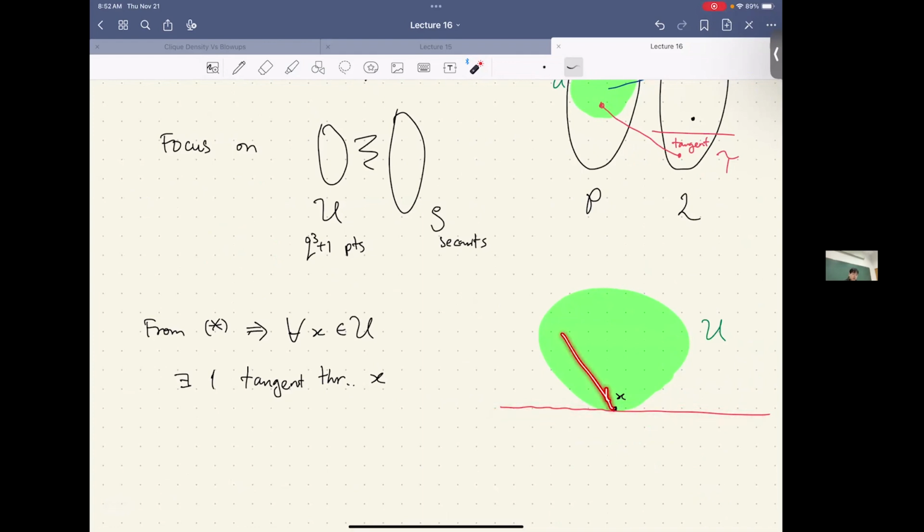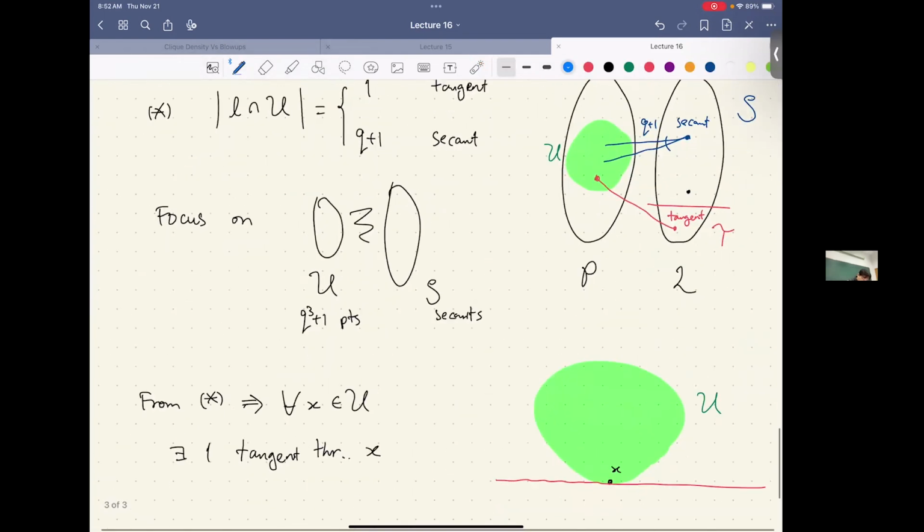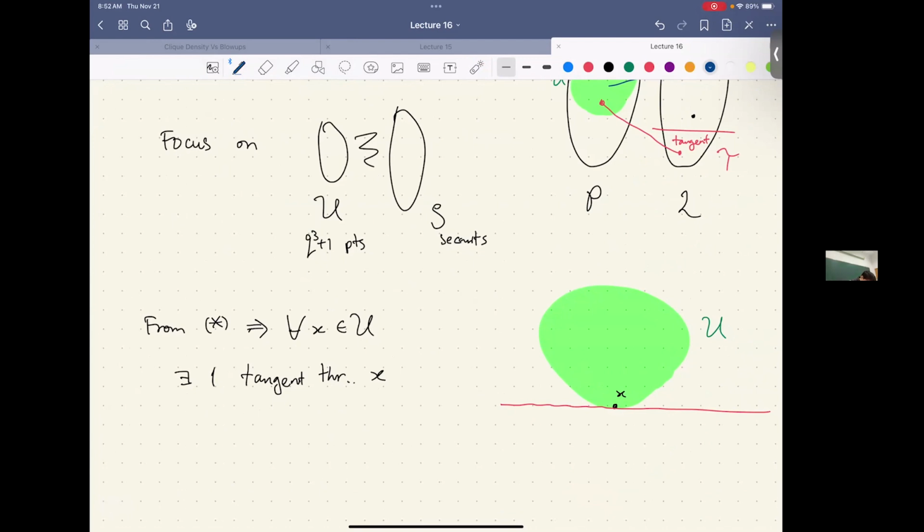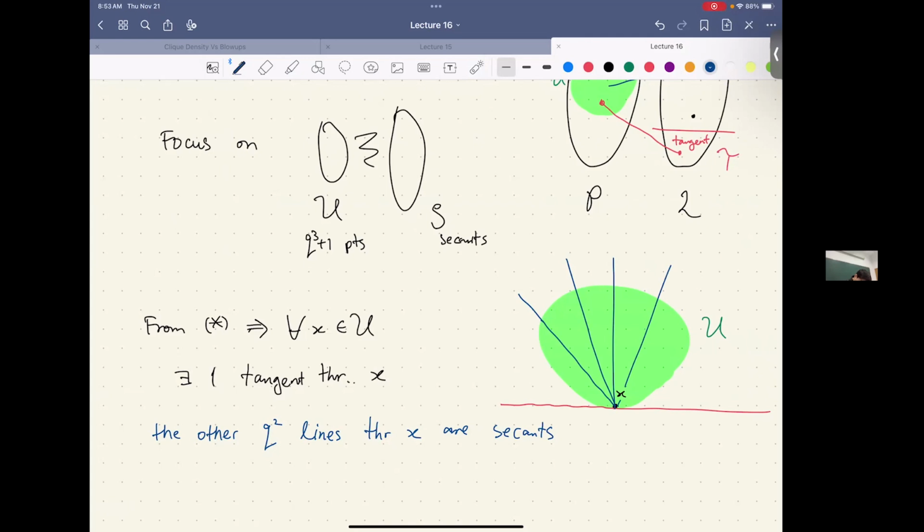The remaining q squared lines are all secant lines going through X. So it looks like this. The points of U are nicely clustered together.